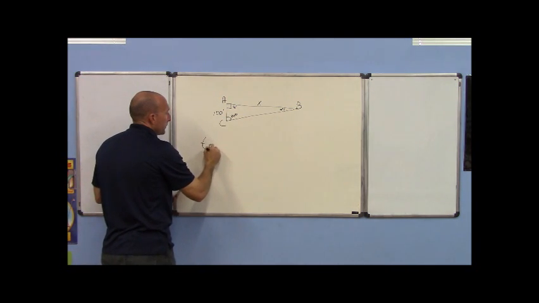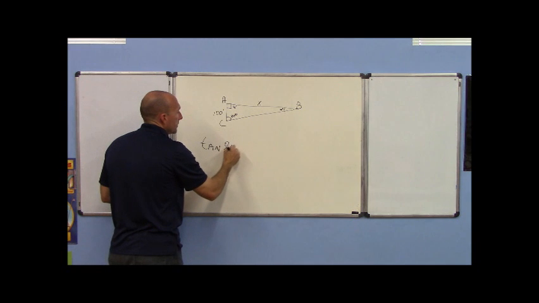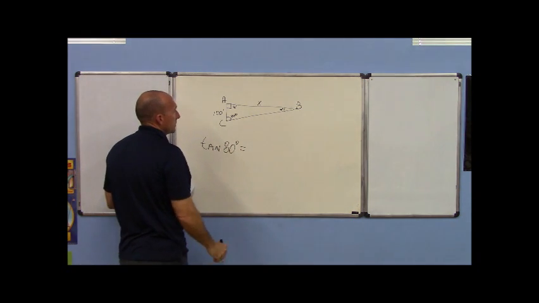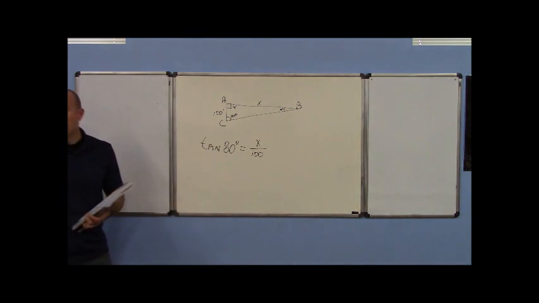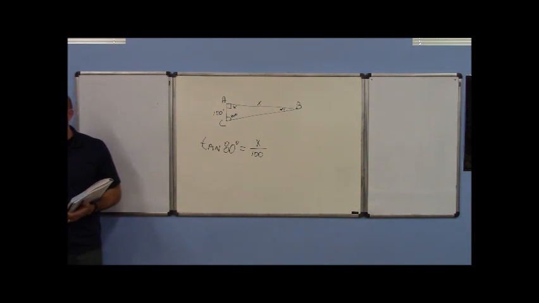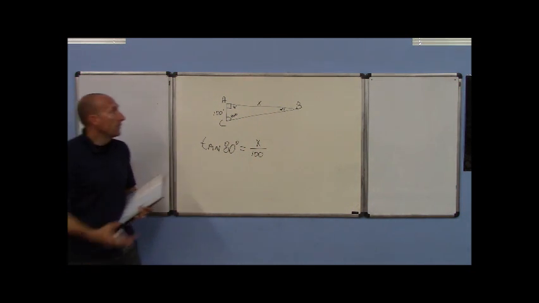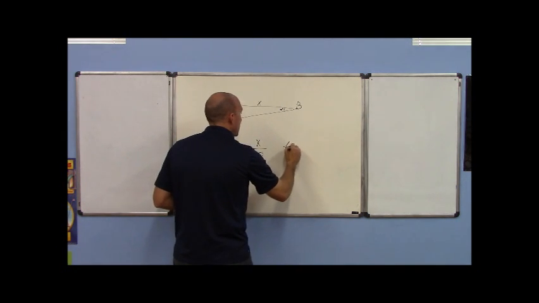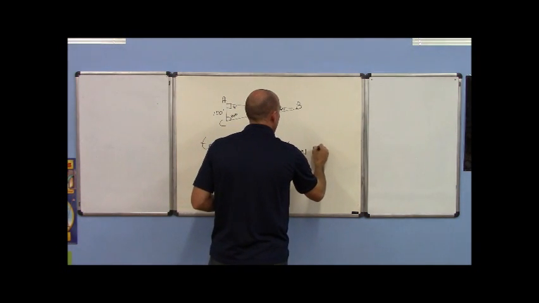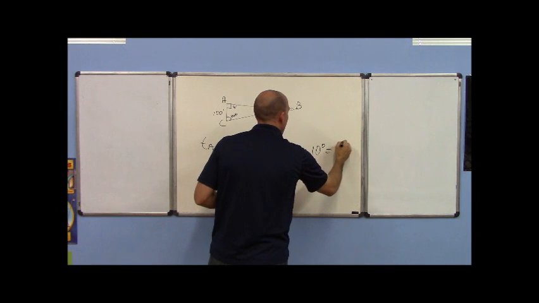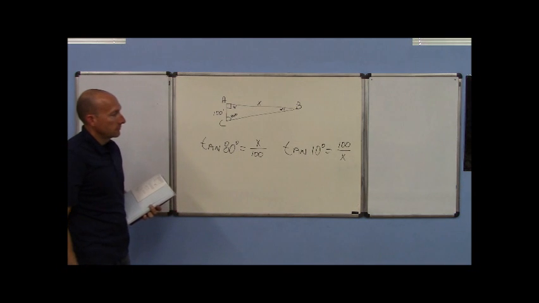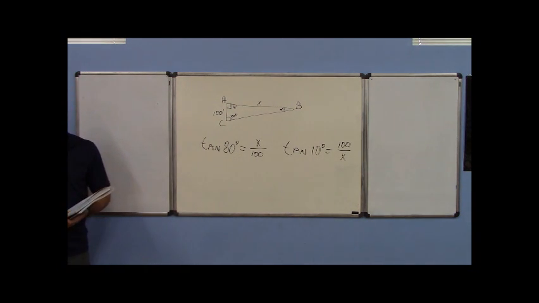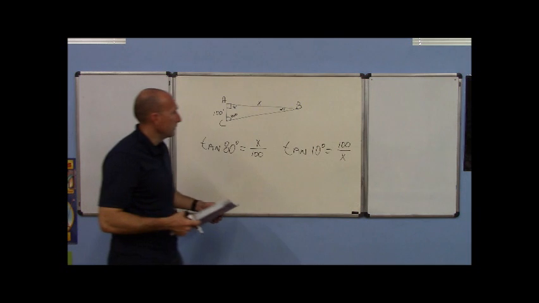So the tangent of 80 degrees equals x, opposite over adjacent, and then we can go through the same method as we did before. If we used the 10 degrees, we could do tangent of 10 degrees equals 100 over x. It depends on what method you want to use.